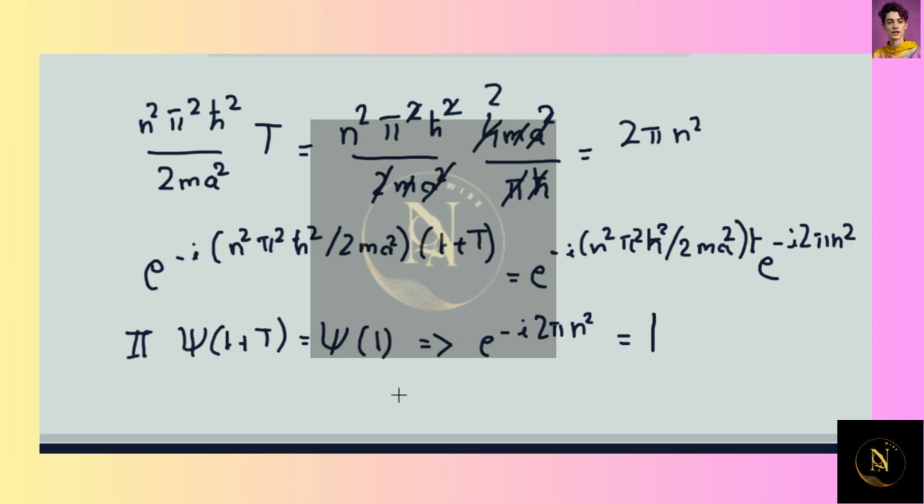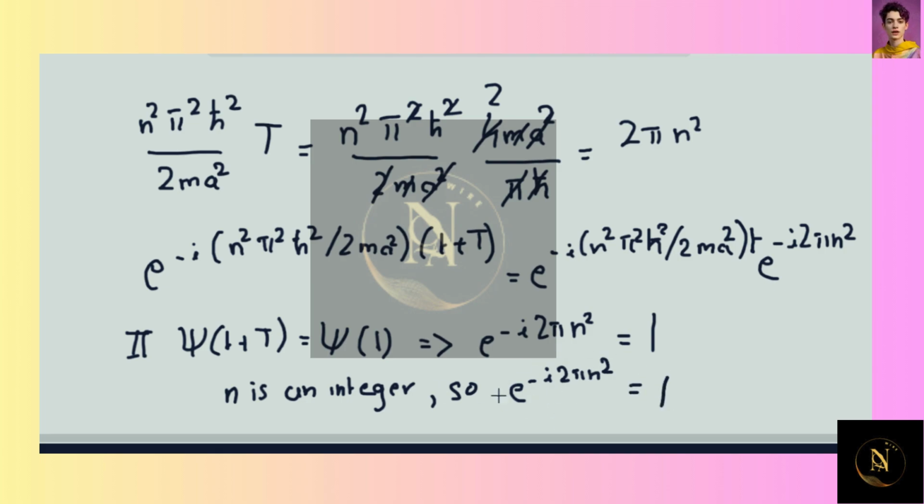Since n is an integer, e to the power minus i 2π n² will be equal to 1.